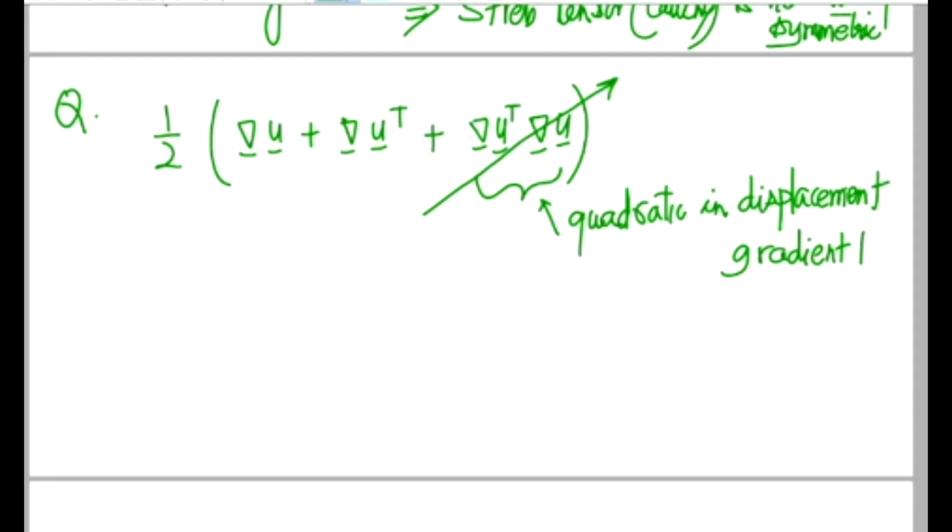What remains is called the small strain tensor or infinitesimal strain tensor. Whereas if we don't neglect anything, if we keep everything, even the quadratic terms, then we have what's called the finite strain tensor or Lagrangian strain tensor.